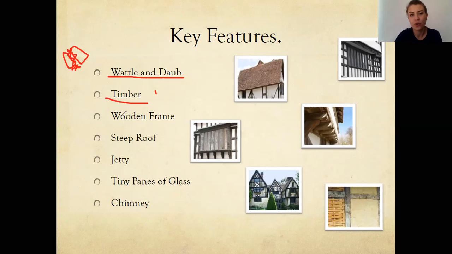We have the wooden frame, which is the skeleton of the house, the steep roof like this, the jetty, which is the upper floor, a little bit bigger than the downstairs, these tiny pieces of glass, and the chimney, which is also a key feature. So now we've revised everything.